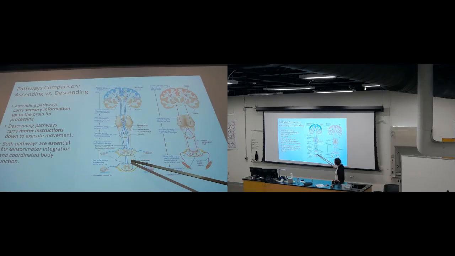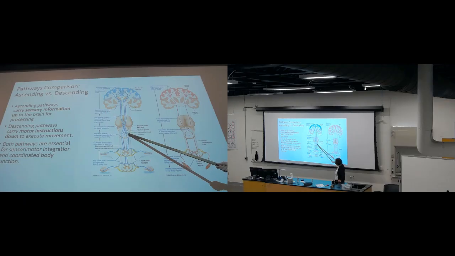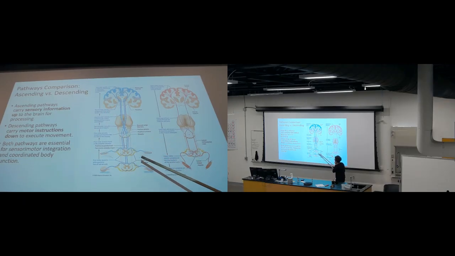So you will have your first order neuron, the one that connects the effectors, the ones that receive the sensory information, to the spinal cord. And then typically you can have pathways that go on the same side of the body, which is called ipsilateral. And then some of them can cross to the other side, and that provides contralateral information.